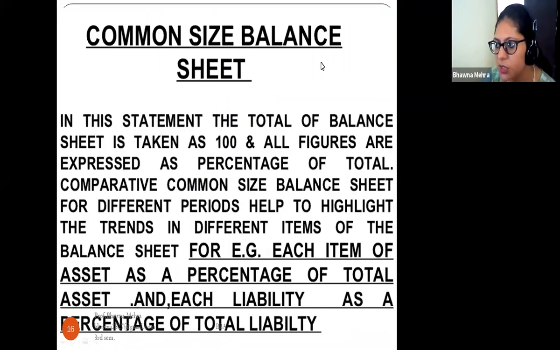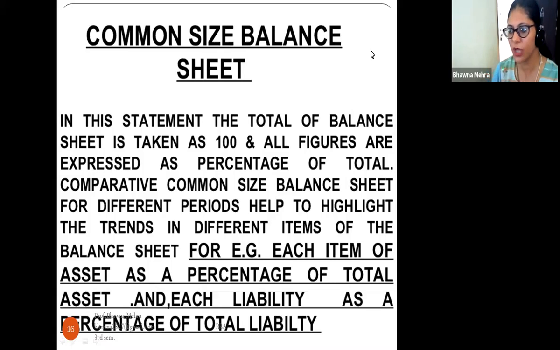In this statement, the total of the balance sheet is taken as 100 and all the figures are expressed as a percentage of the total. The comparative common size balance sheet for different periods helps to highlight the trends in different items of the balance sheet.